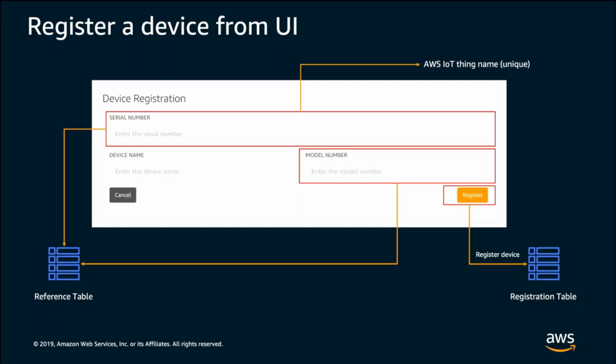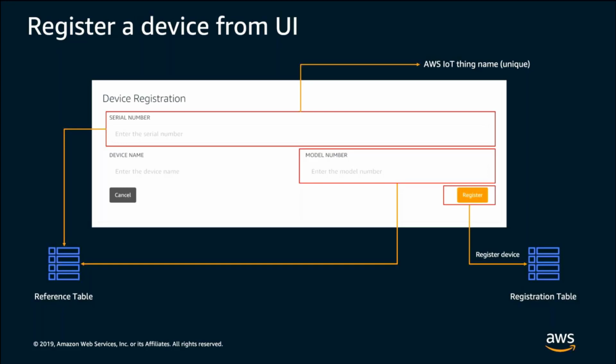When a user wants to register a device, the user needs the serial number and model number from the manufacturer. When you think of real IoT devices, you would see a serial number, which is typically attached on the device.